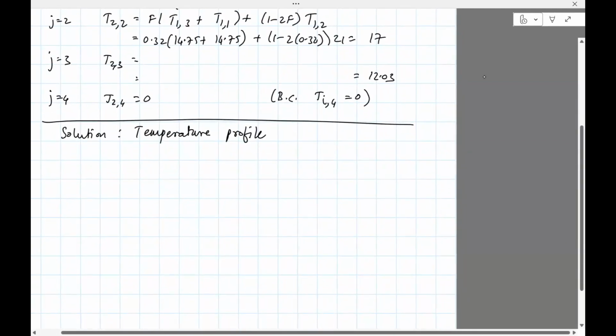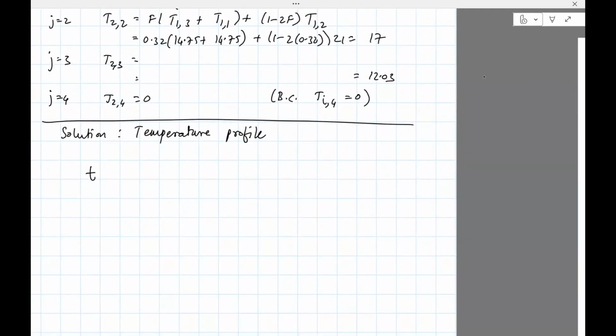So what it looks like, well, there would be a time index 0, 0.1, 0.2, 0.3, 0.4, 0.5. But there'll also be a position index. That would be 0, 0.25, 0.5, 0.75, and 1.